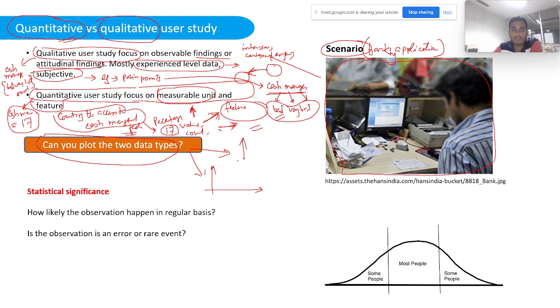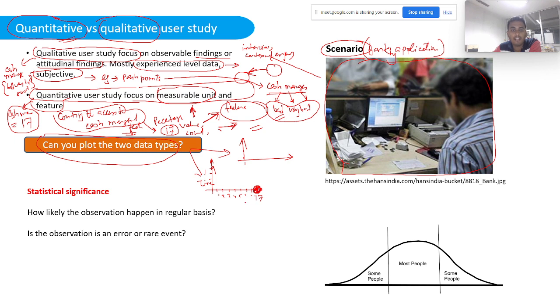For example, when we use quantitative data, we have a specific scale. For example, number of counts will be 1, 2, 3, 4, 5, 6, 7, like 17, and then it will be mapped with something like time. Okay, so we have a specific count.